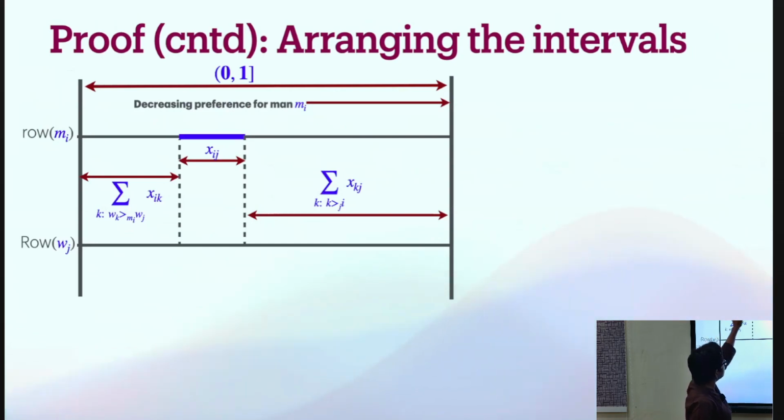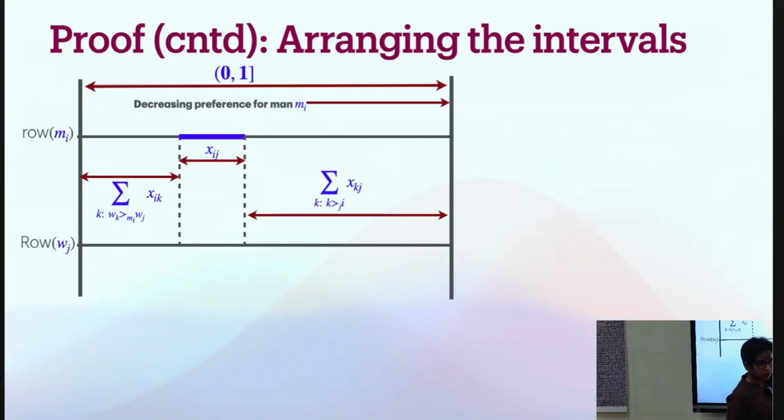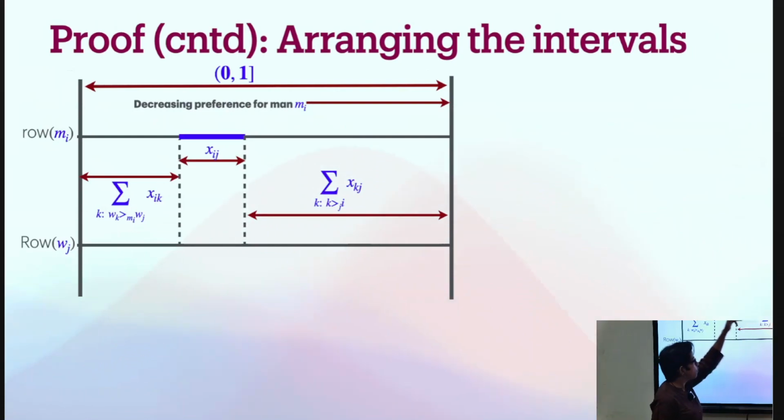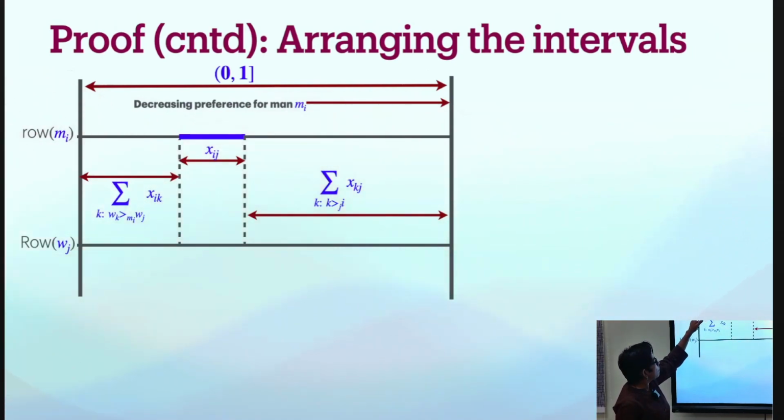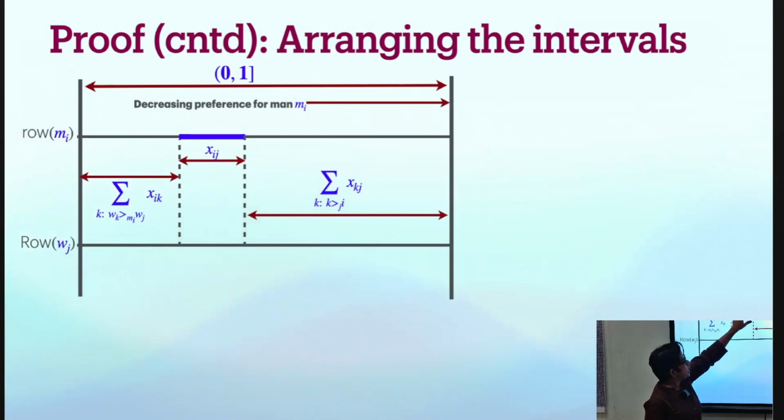These are all 0 to 1 real lines. For each man and each woman, I have such a line stacked one on top of the other. And this xij is saying how much this man mi is paired or matched with this woman j. I have arranged these segments.